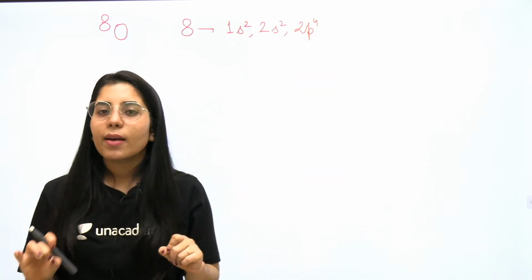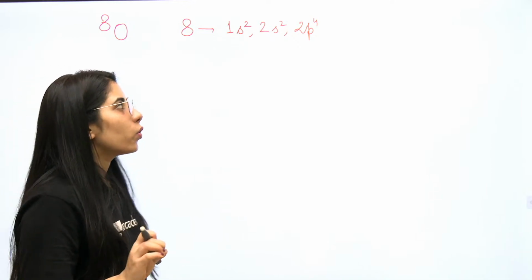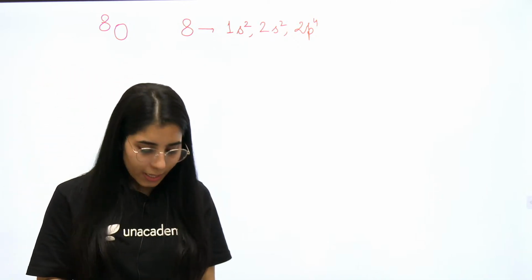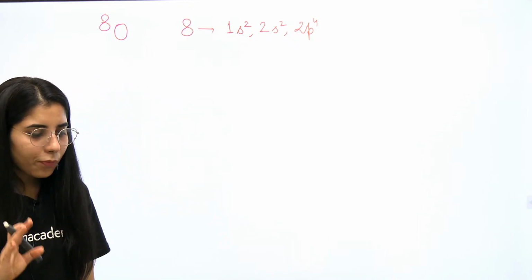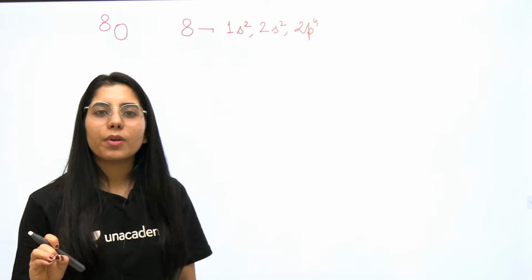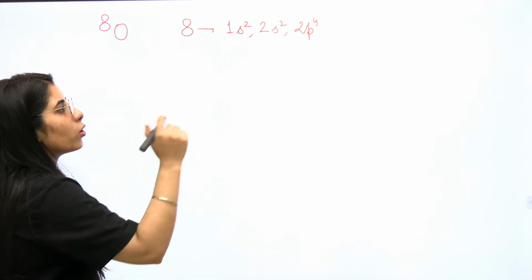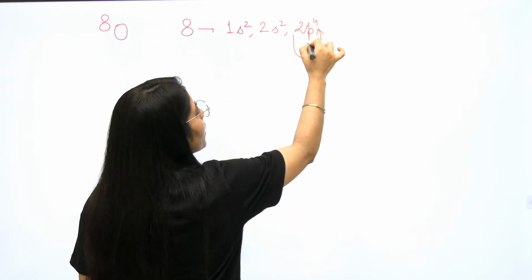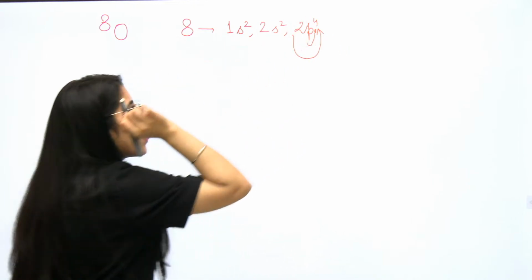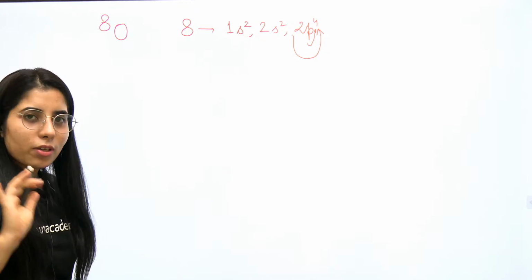Now the first point I am going to consider here is, is this the equivalent electrons case? P4. How many electrons are present there? 4, and also the principal quantum number is the same. Also it is present in the p orbital, so it is going to be the equivalent electron case.